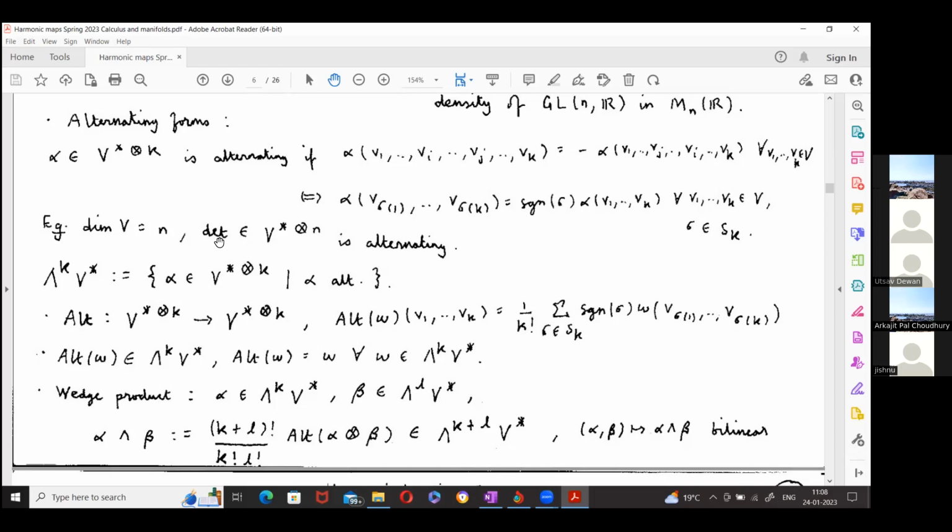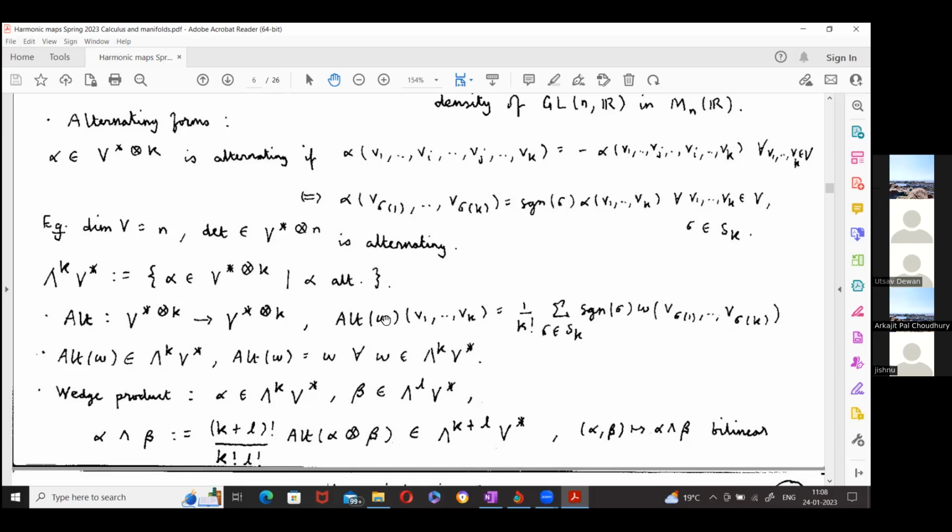Okay. So we're going to define this notation, Λ^k V*. This will be the space of alternating forms, a subspace of the space of k-multilinear functions. Now, how do we construct alternating forms? It turns out there's a projection from the space of k-multilinear functions to the subspace of alternating forms called the alt map.